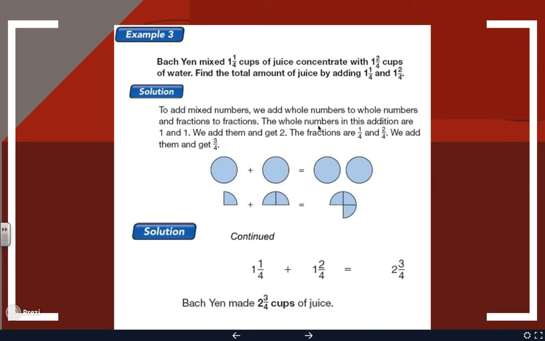The whole numbers in this addition are 1 and 1, so we add 1 and 1 together, and we get 2. Okay, then we add our fractions. We have 1/4 plus 2/4 equals 3/4. So 1 and 1/4 plus 1 and 2/4 equals 2 and 3/4. All right, so Bak Yen made 2 and 3/4 cups of juice.